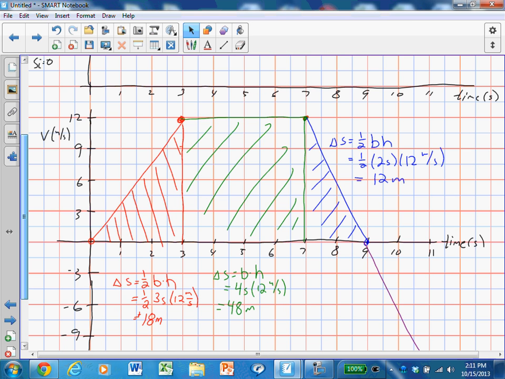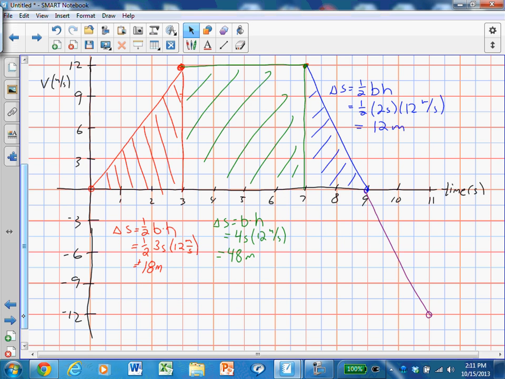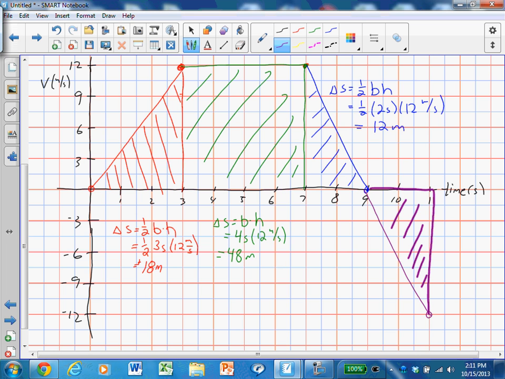And then in the purple zone, I have an area of 1/2 base times height, which is 1/2 times 2 seconds times the height, which is actually minus 12 meters per second, which gives me minus 12 meters.